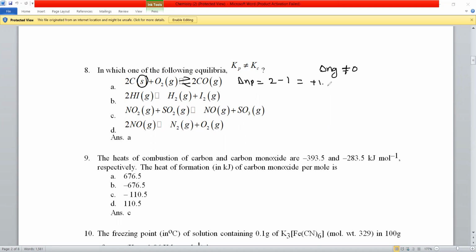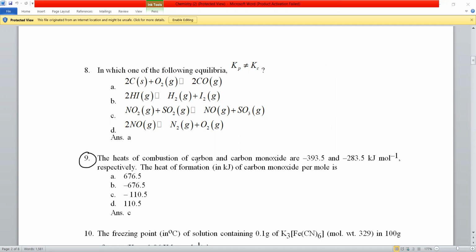So delta ng is not equal to 0, and answer A is correct, students. In options B, C and D we get 2 minus 2, which is 0. Only option 1 has delta ng not equal to 0, so Kp is not equal to Kc.